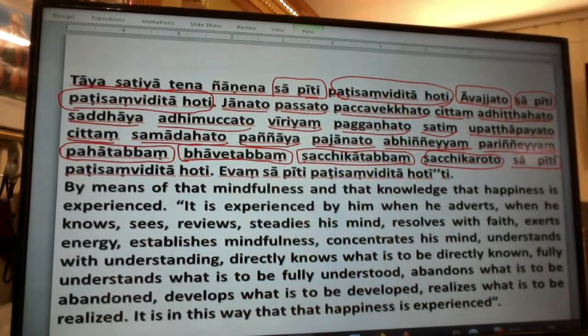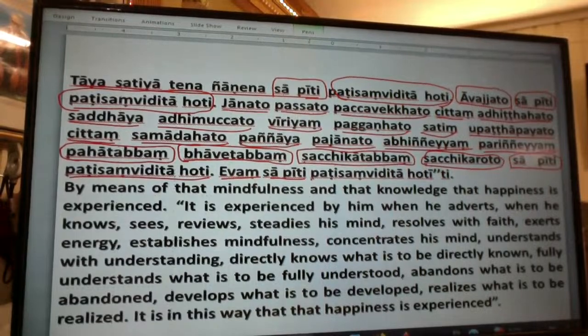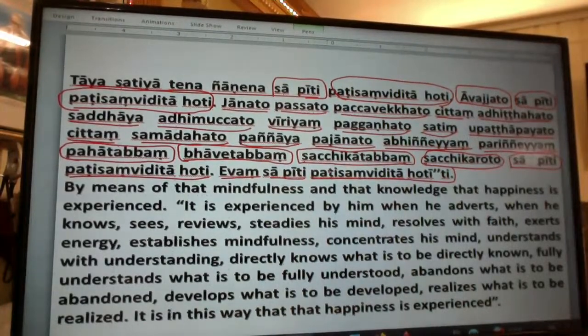Sukhadi, that piti is Patisamviditam Hoti. So it appears very well and clearly in the meditative mind. Even like this, that kind of happiness, Patisamviditam Hoti. In the Patisambhidamagga Pali, the Buddha mentioned it like this.